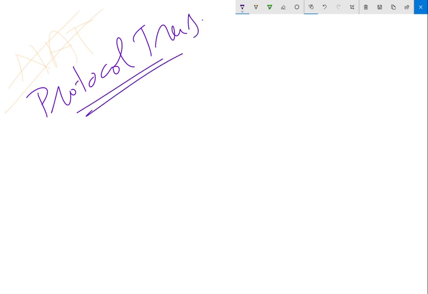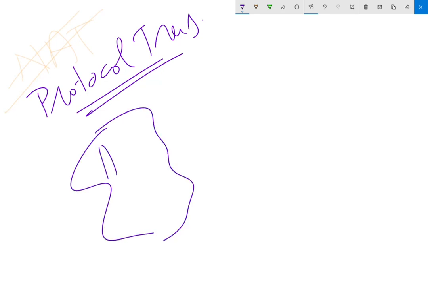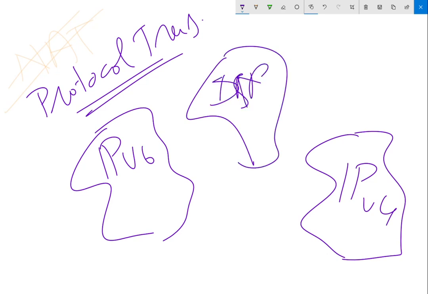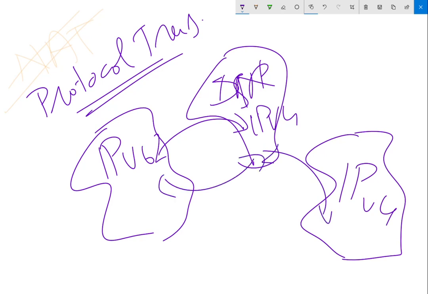See, for example, you have a network here that is using IP version 6, and you have another network here that is using IP version 4. Or you have an internet here, and this ISP or internet is using IP version 4. In any case, if IPv6 needs to communicate with IP version 4, how is it going to be possible? Because IP version 4 and version 6 can't work together. In this place, you bring in this network address translation, this NAT-PT.